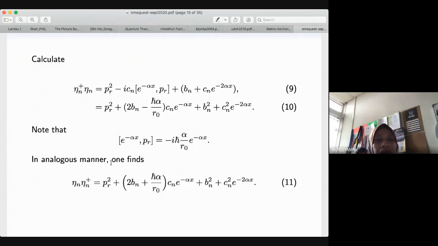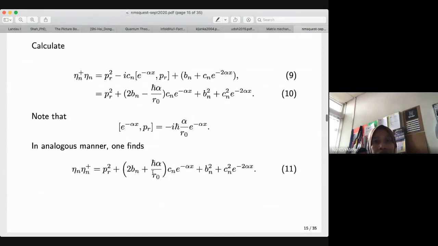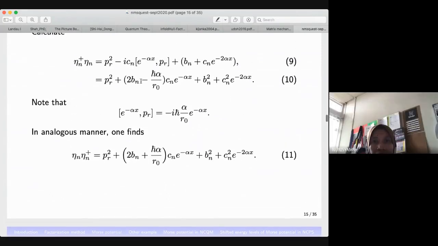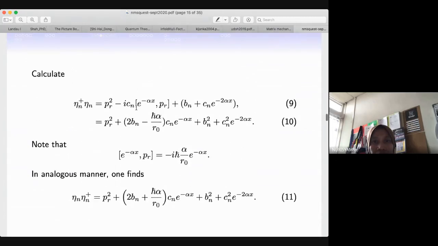In an analogous manner, you can also find eta n plus, but this will give you a different sign. So you have B_n terms and C_n terms, which are like the coefficients.